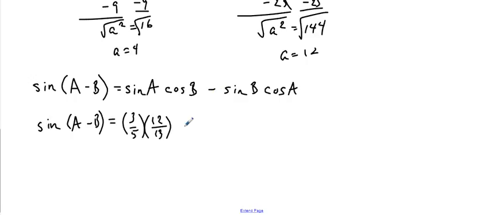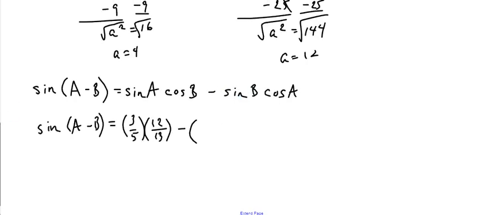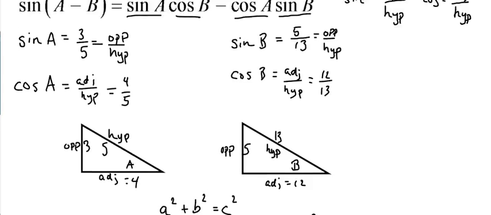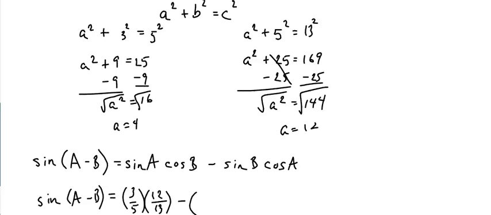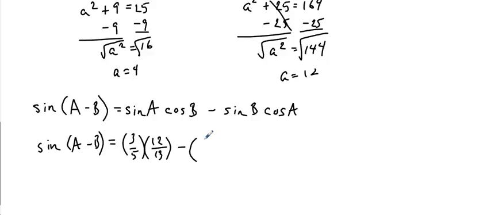Put my minus sign. Sine of B, let's go back up top here. That was given to us as 5 over 13. And finally, the cosine of A, we found that to be 4 over 5.